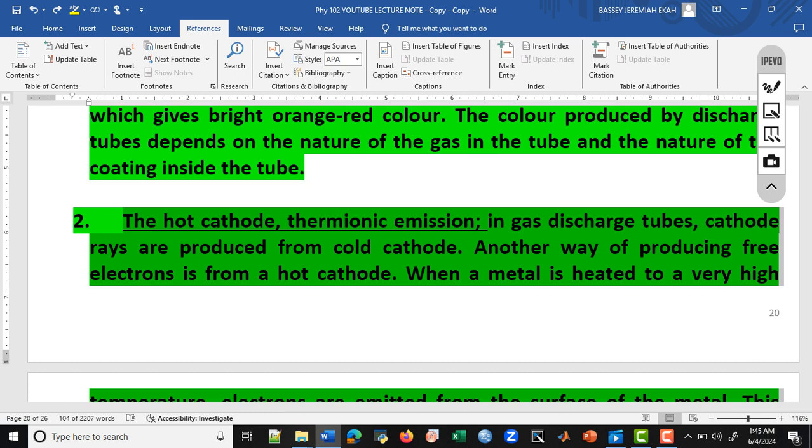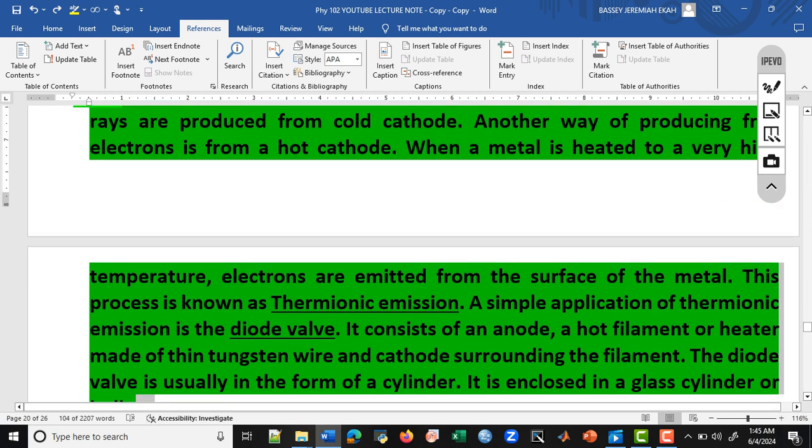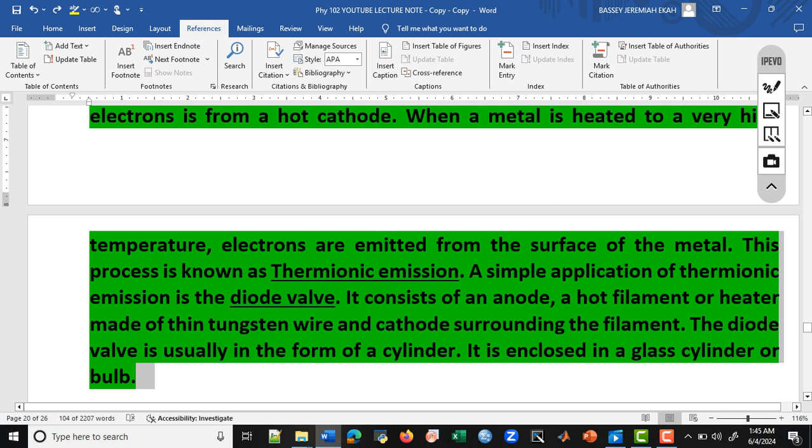When a metal is heated to a very high temperature, electrons are emitted from the surface of the metal. This process is known as thermionic emission. So when metals are heated to a sufficient temperature, they begin to liberate electrons. That process is known as thermionic emission.